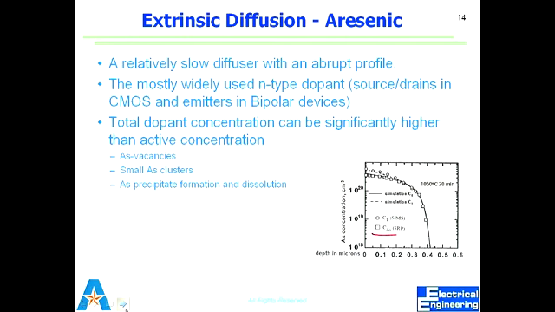So it has a very abrupt profile. This is depth, and this is the concentration. We start with 10 raised to 21, and it falls off abruptly. So it may be something we want to use for shallow junctions.